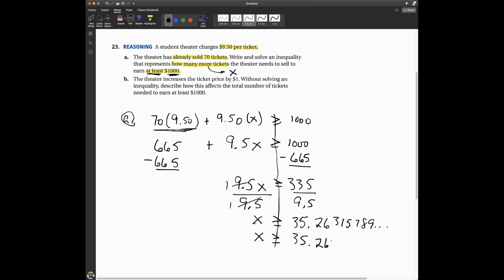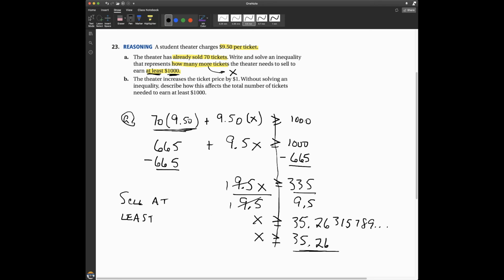So the number of tickets that you have to sell has to be at least 35.26. Well, can you sell part of a ticket? You really can't. You can sell whole number tickets. So really, how many tickets do I need to sell at least, should it be 35 tickets or 36?